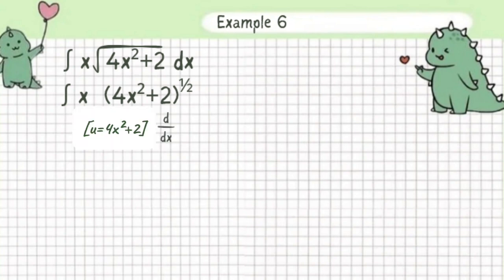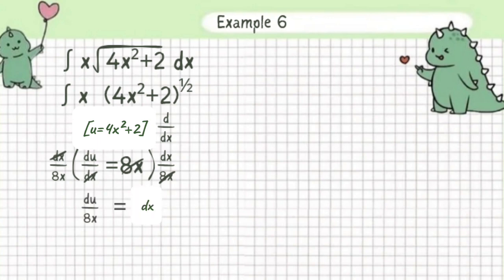Now, let u be equal to the value inside the parentheses. So u is equal to 4x squared plus 2. Now, we derive it and it will be written as du over dx equals 8x. Now, we divide both sides by 8x, and we will cancel the common factors and be left with du over 8x equals dx.